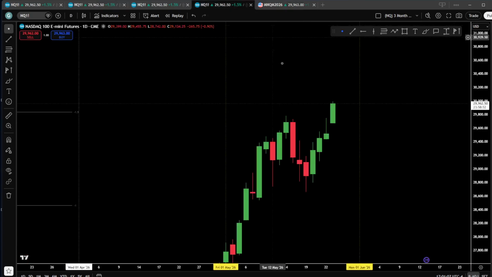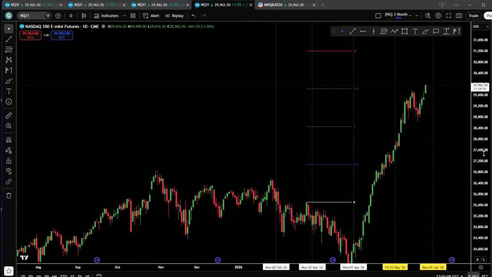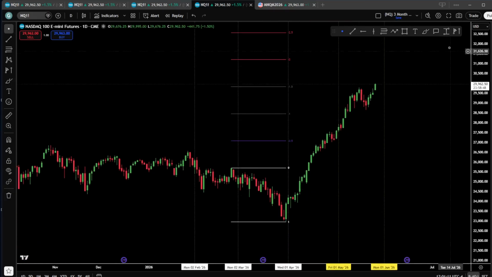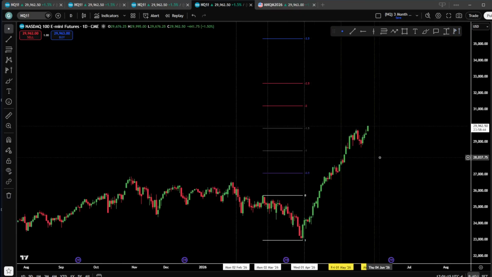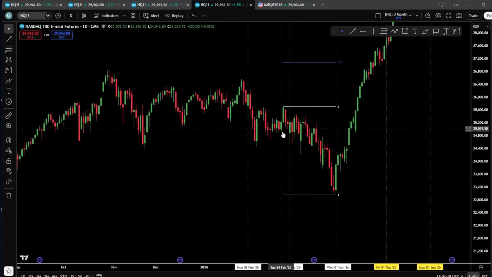In terms of standard deviations, for premium levels, I'm using the ones of the daily. This guides me overall to the yearly profile. I'm using the standard deviations from the low of the year up to this here, which was the shakeout of Nvidia. Price rallied and then at the open gapped lower, and from those levels engineered the shakeout of the year.